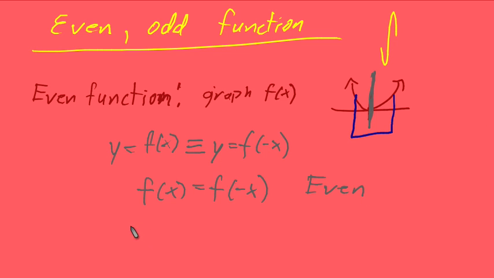Using the parabola for example, f of x equals x squared, and f of negative x is negative x squared. Notice that the square of negative x also equals x squared. So a parabola is an even function.